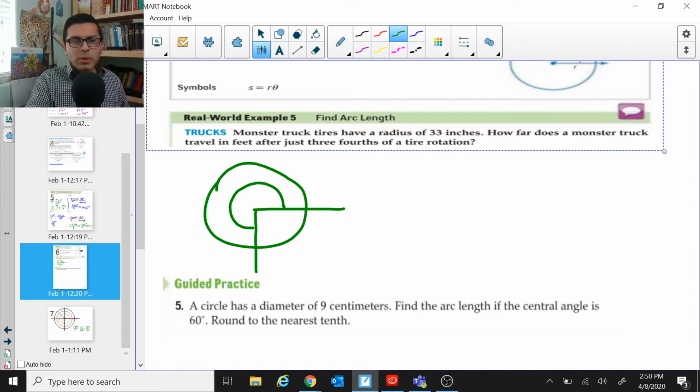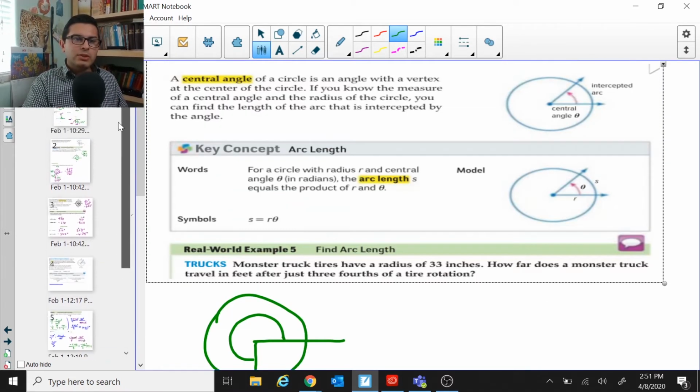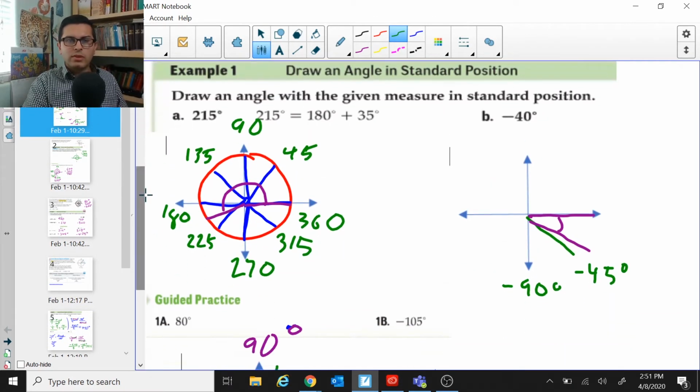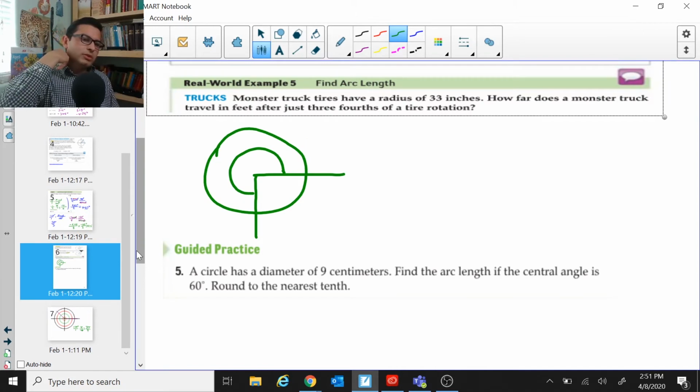Now, we do remember that this is going to be a 270-degree turn. We know that because of the circle that we made up here oh so long ago. And we can see that if we have this angle, it's going to be 270 degrees. So I believe what this question wants us to do is convert this into a radian first.